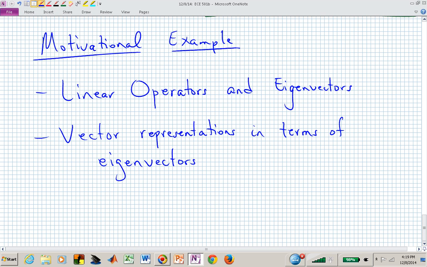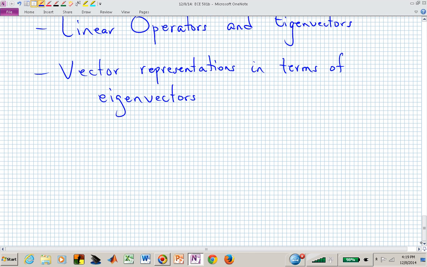We want to think about doing that for an infinite dimensional setting. What do we mean by an operator, and what's analogous to an eigenvector? Now maybe that's an eigenfunction. And is that eigenfunction invariant with respect to that operator? And if it is, what does that mean?